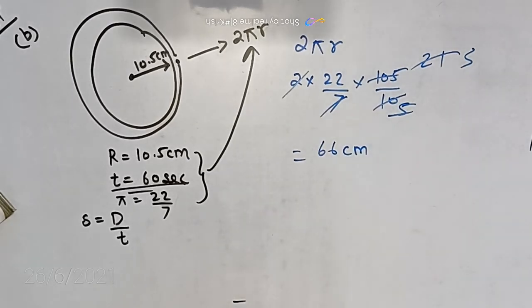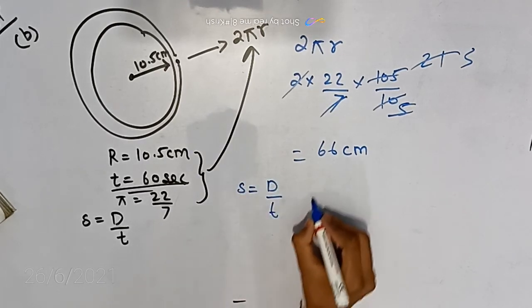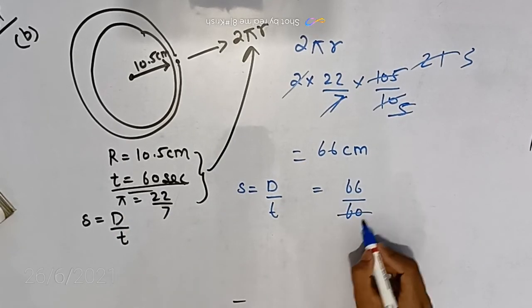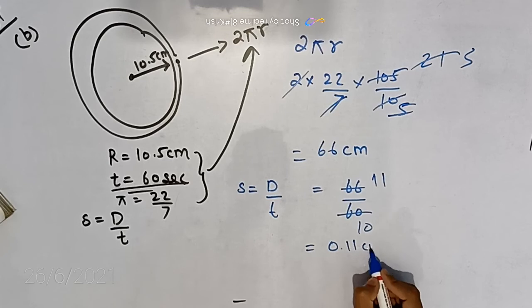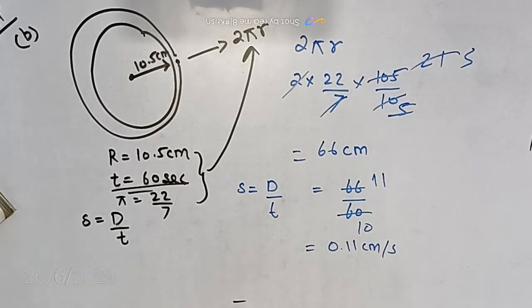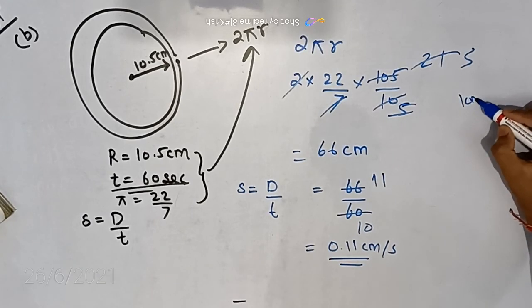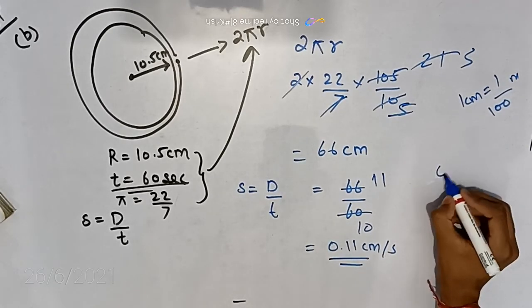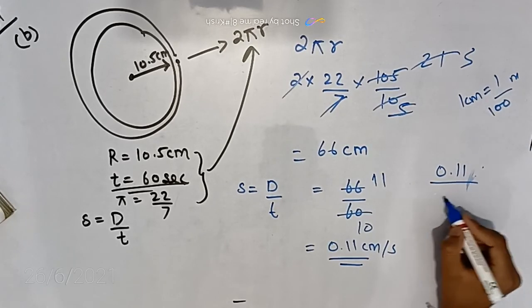Okay friends, now let's find the speed. Speed equals distance upon time, where distance is 66 and time is 60 seconds. So the speed will be 1.1 centimeter per second, but the answer is given in meter per second, so we have to convert centimeter into meter. In 1 centimeter there is 1 upon 100 meter, so we divide by 100.